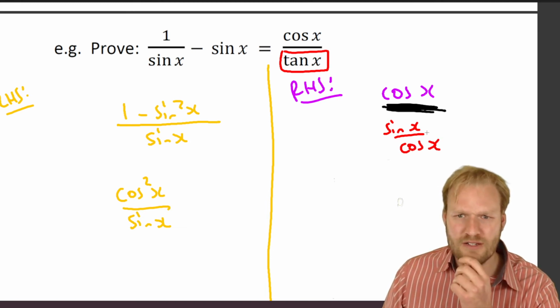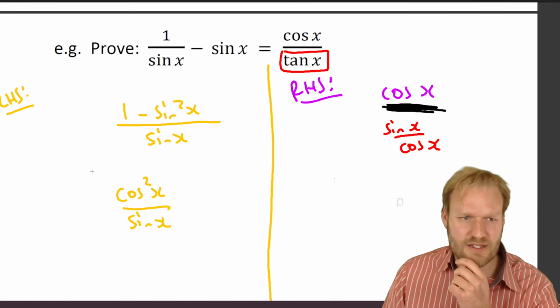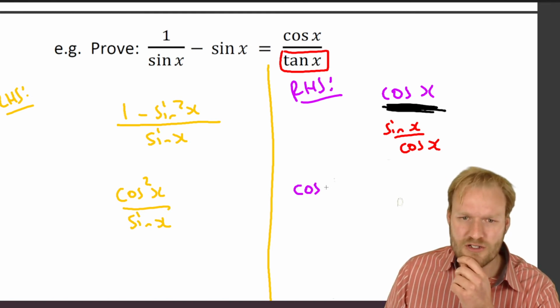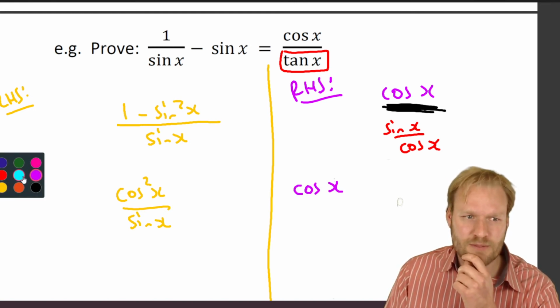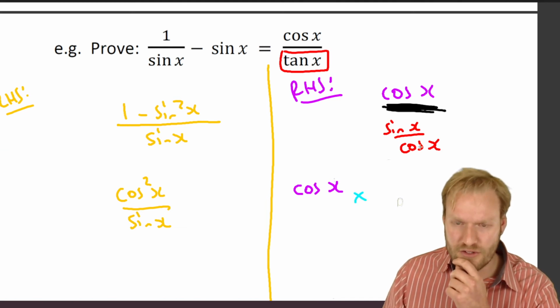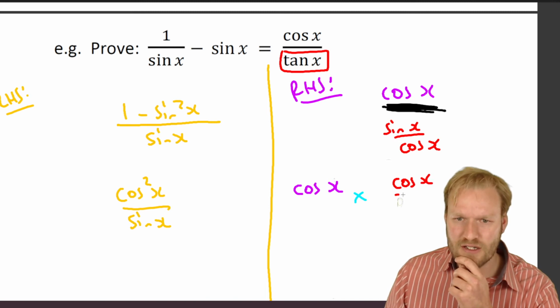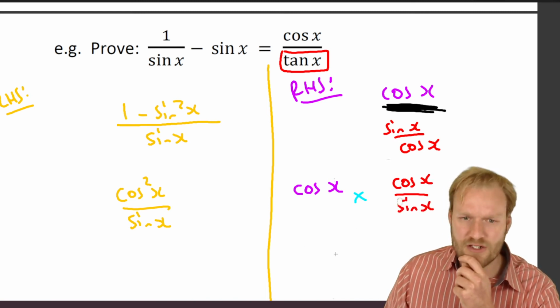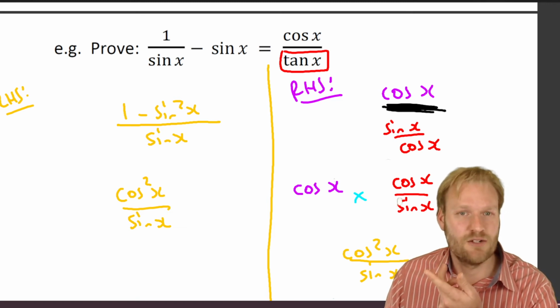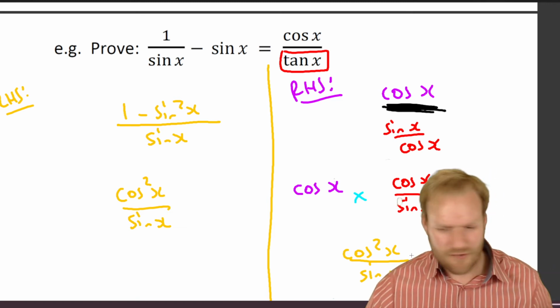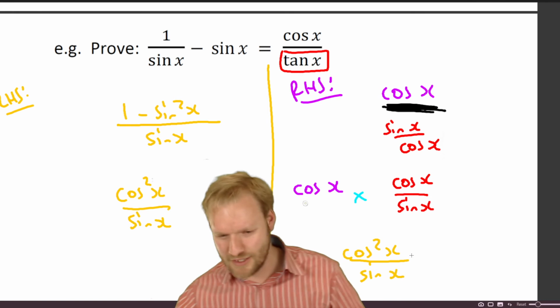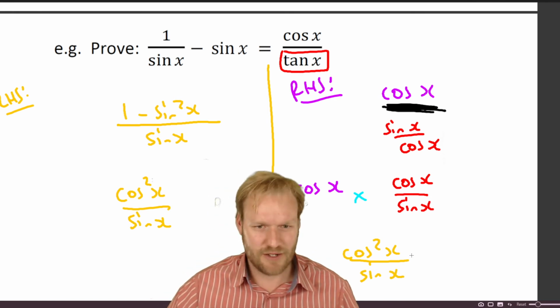So cos x over that is the same as cos x times the reciprocal, so times cos x over sine x. If we simplify that, we get cos squared x over sine x. Look at that, they're equal to each other. Maybe that's not a bad way of doing it here.